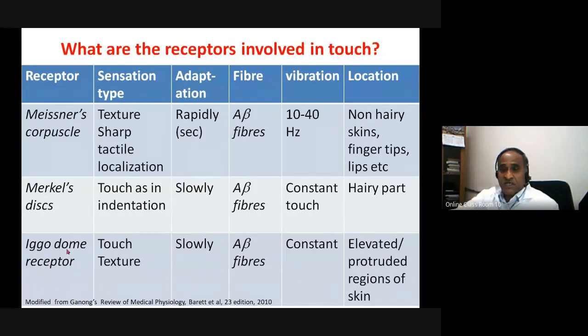Iggo dome receptors are a collection of Merkel discs with a single A beta fiber. These are again touch, and they detect the texture of the particular object. They are slowly adapting, carried by A beta fibers with a 50 meters per second conduction velocity.